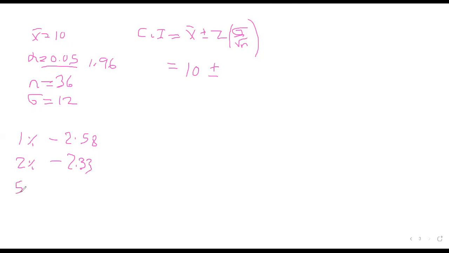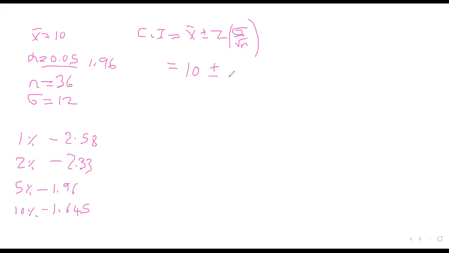Help me with the last two, 5% and 10%. What is a Z? 5% is 1.96. And 10%? 1.645.